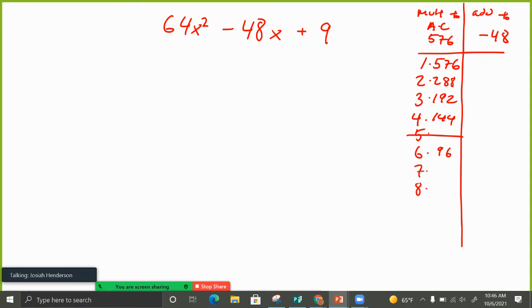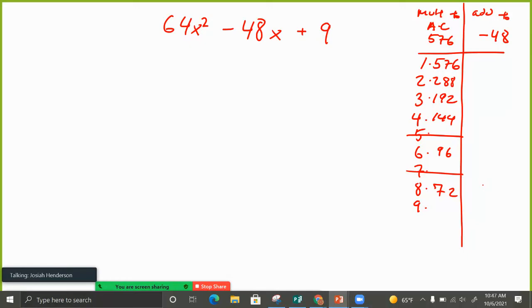7 times, 8 times, 9 times. And what I'm doing is dividing 576 by all these numbers, these 6, 7, 8, 9. 7 doesn't work. Cross it out. 8 worked. 72. 72 minus 8 is 64.